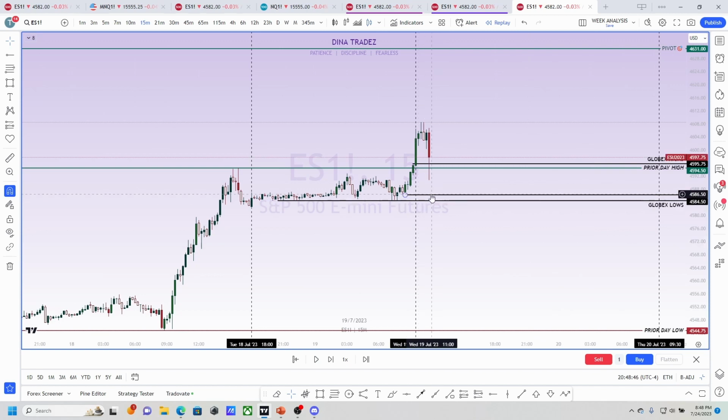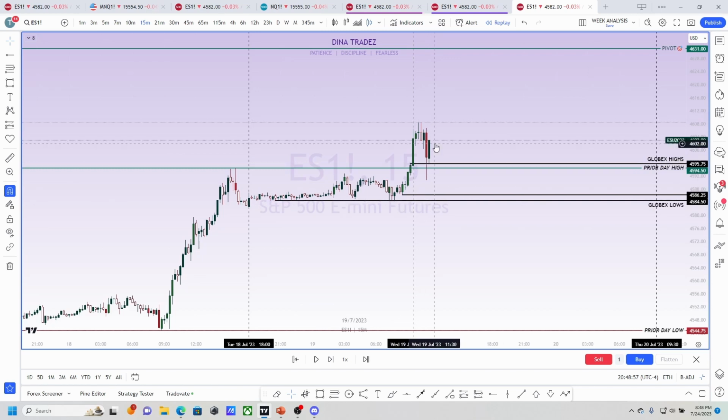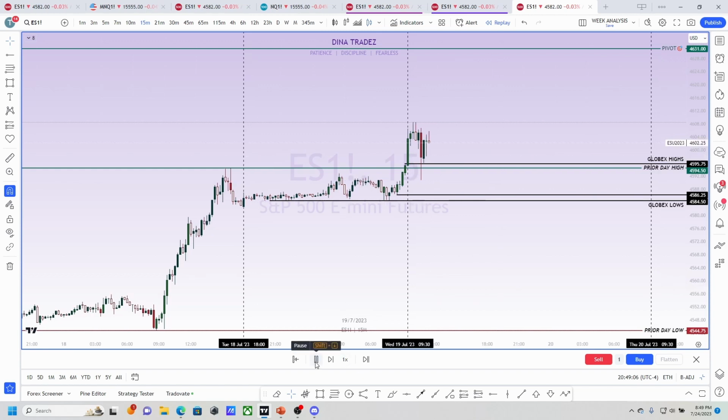Then we had equal highs. We had a candle come down, took out this level right here, but we need to see if it's going to come up and make a lower high and then continue down. That's what you want to look for.